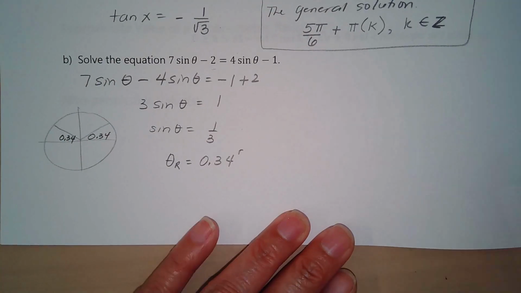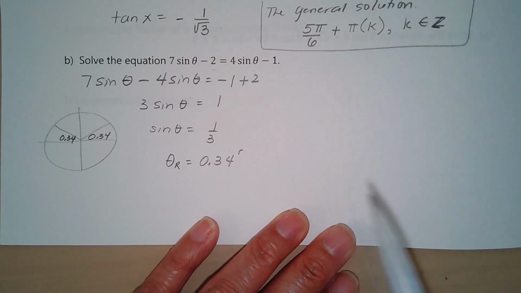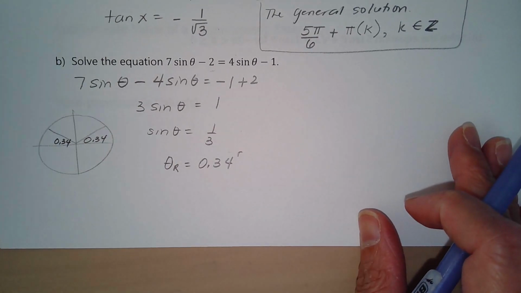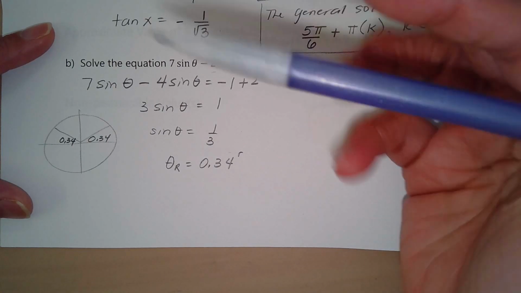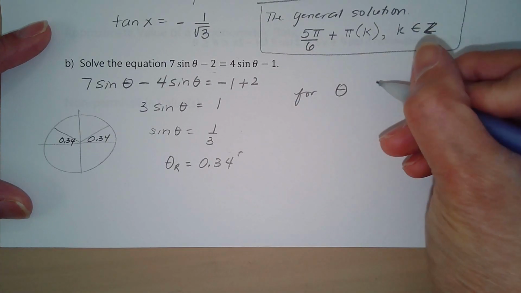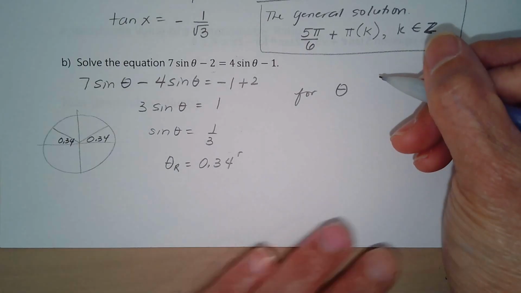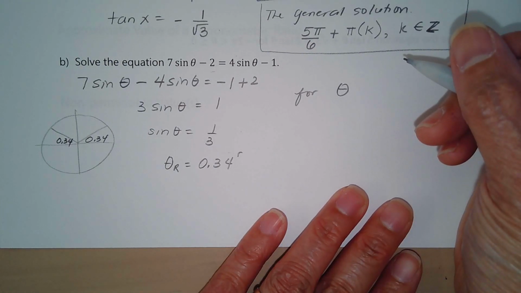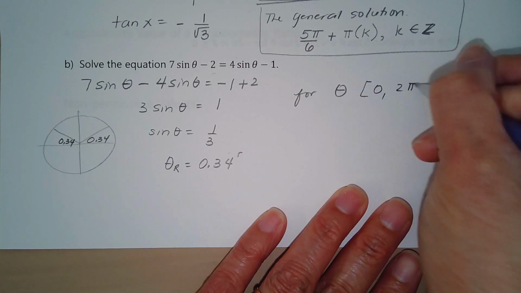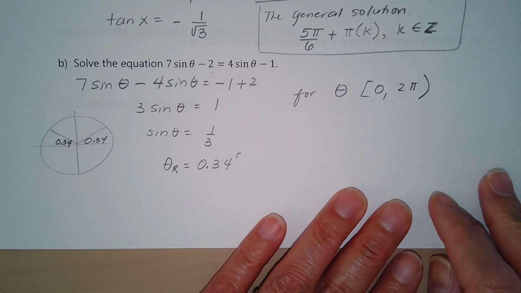Okay. Our domain is from 0 to 2 pi first. So what would that be? For theta or x between 0 and 2 pi, what's our solution?